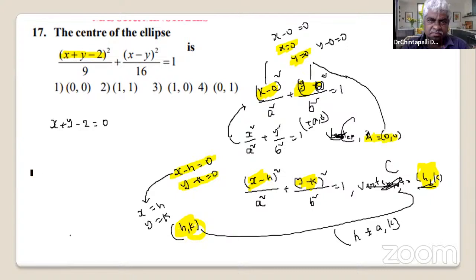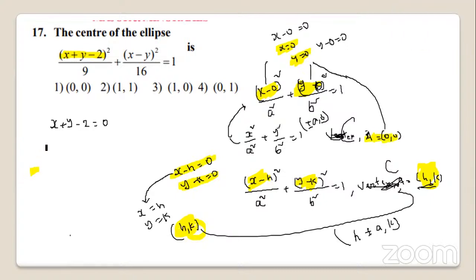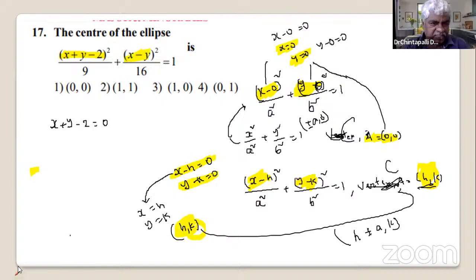These are two lines. Another line is x minus y is equal to 0. It is one line, it is another line.